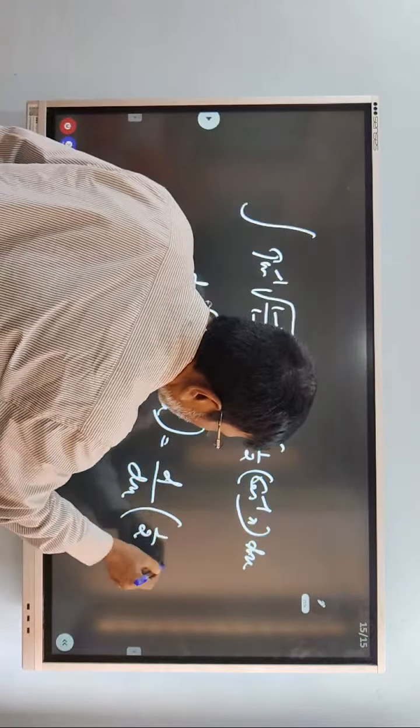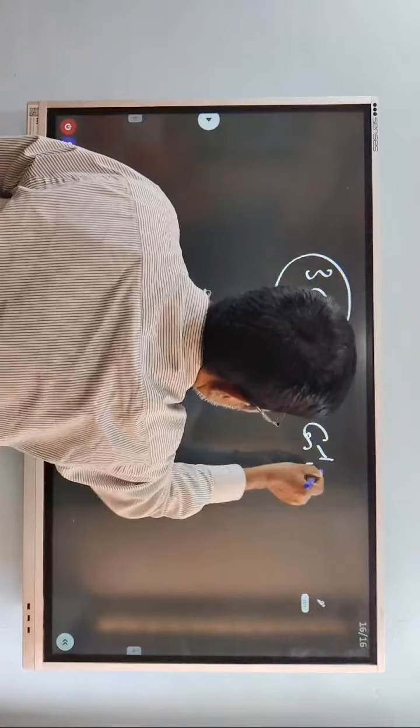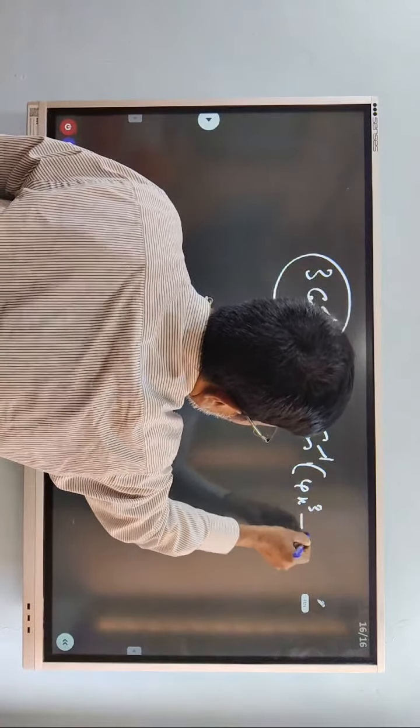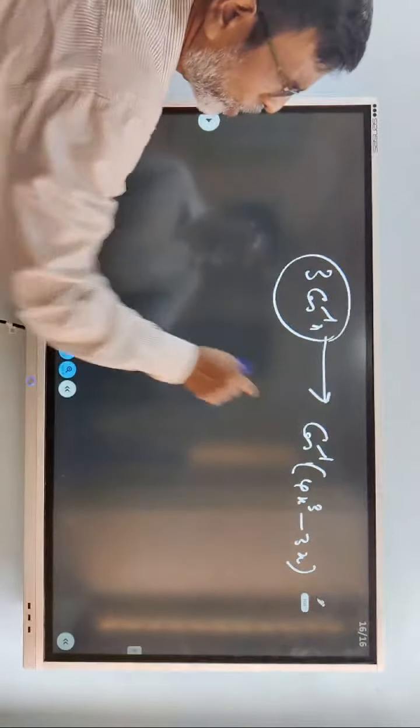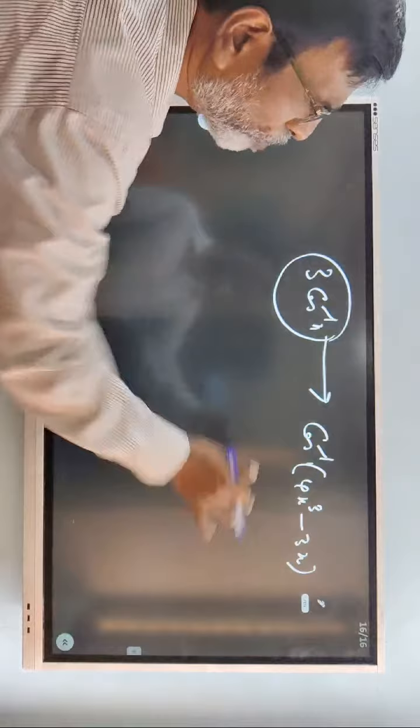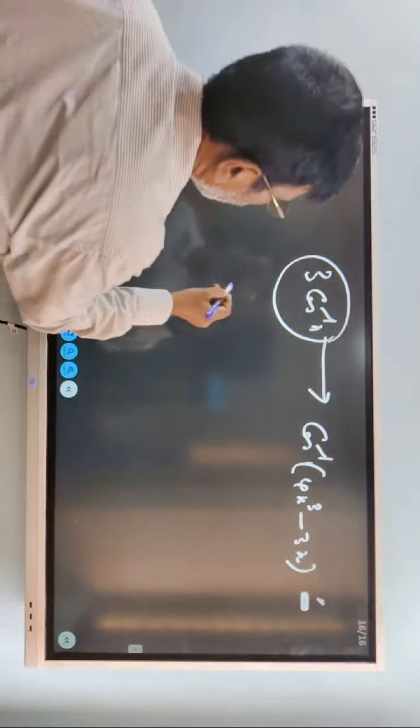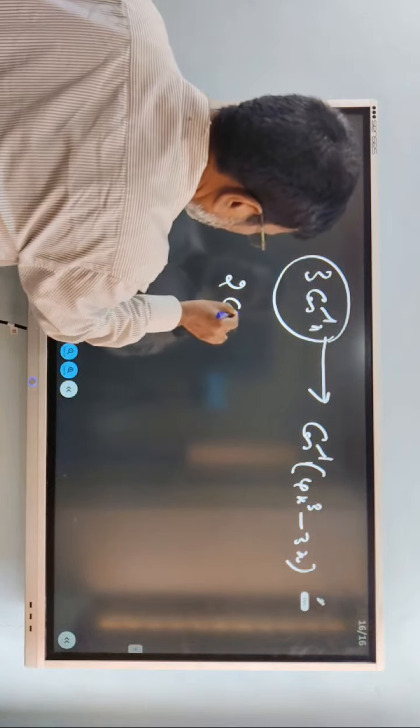Similarly, suppose 3 cos inverse x is there. This is very important. 3 cos inverse x has one formula: cos inverse of 4x cube minus 3x. It is the most useful formula. Straight away we can remember this formula. Now 2 cos inverse x is there.